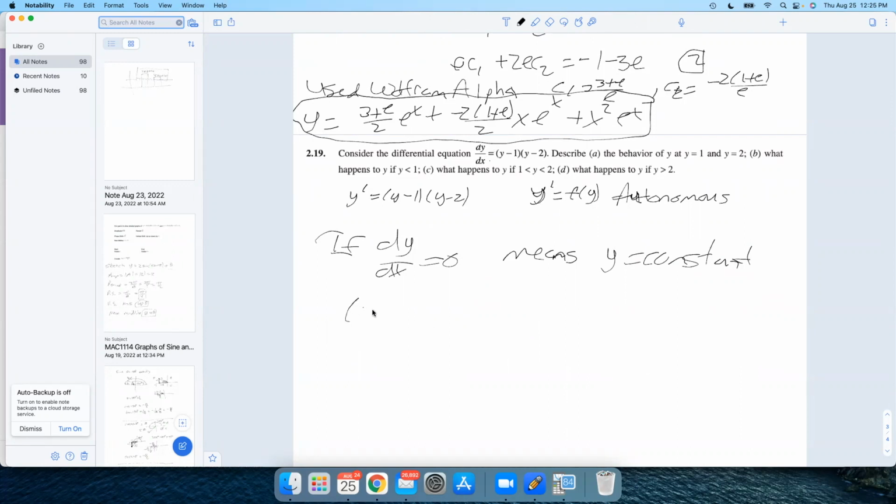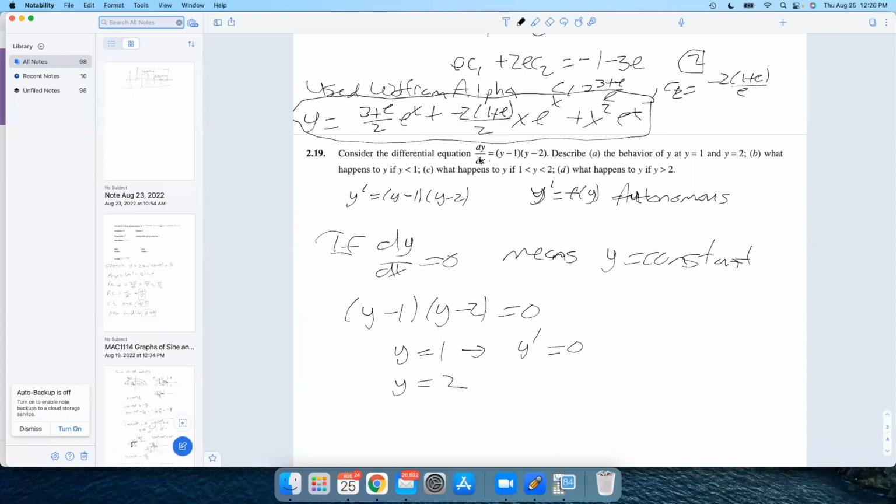So I'm setting the right side equal to 0. That's already in factored form. We can just see we get y equals 1 and y equals 2. Those satisfy the DE because if I take the derivative of 1, I get 0. Both sides of this equation would be 0. Plugging in 1 here makes this 0.